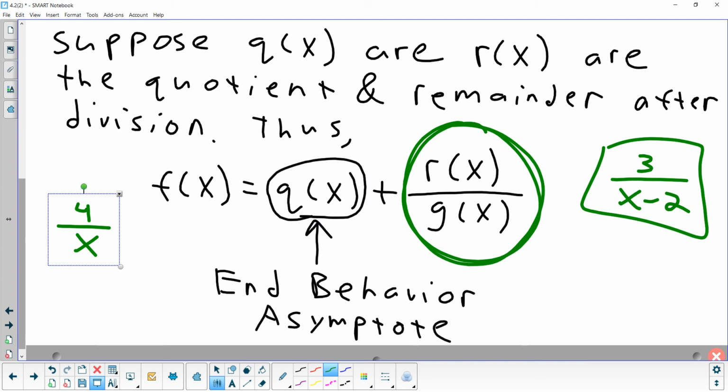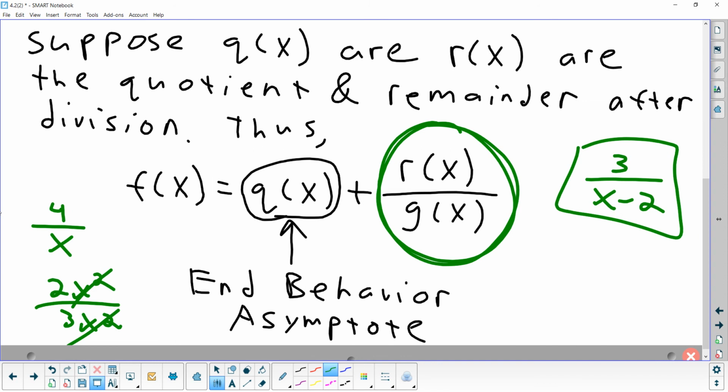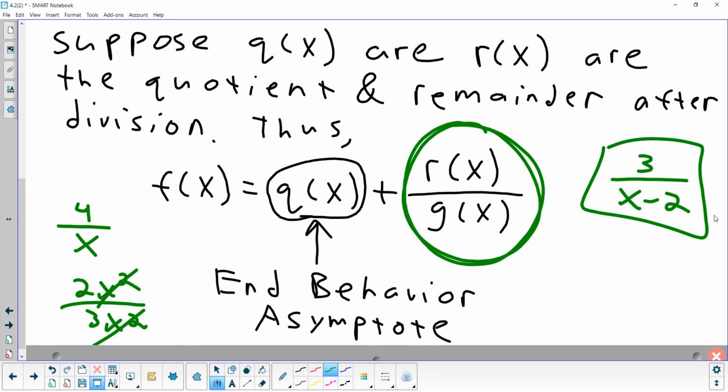If the degrees are the same, like 2x squared over 3x squared, degrees would cancel and you still get a horizontal asymptote, but it's not at 0. It's up at 2/3. Okay? So yesterday, our end behavior was either a horizontal asymptote at 0 or a horizontal asymptote at a number. It's not necessarily going to be a horizontal asymptote today, when the degree in the top is bigger.